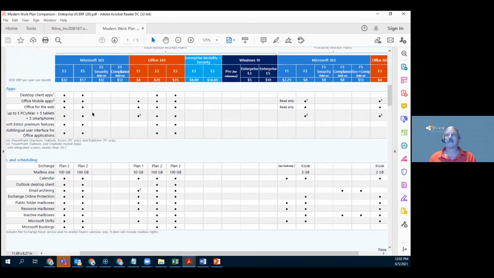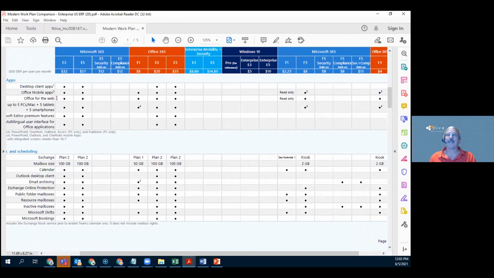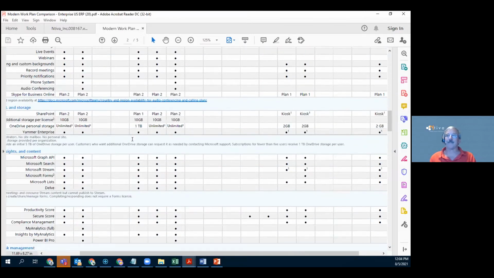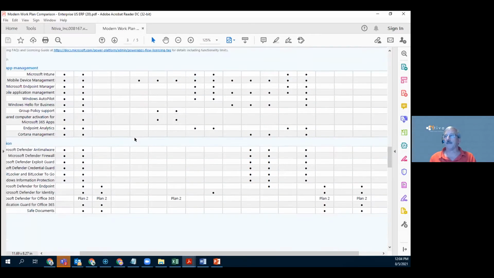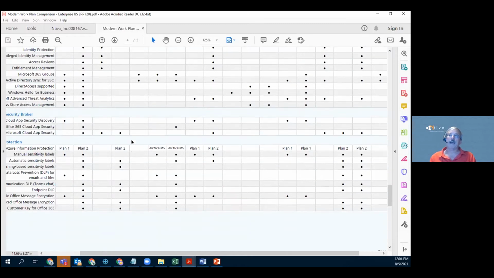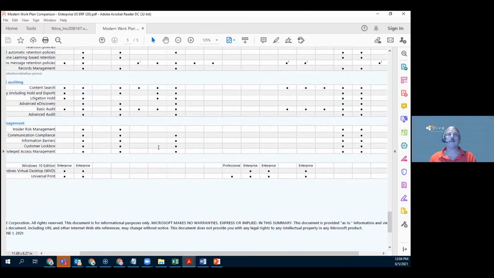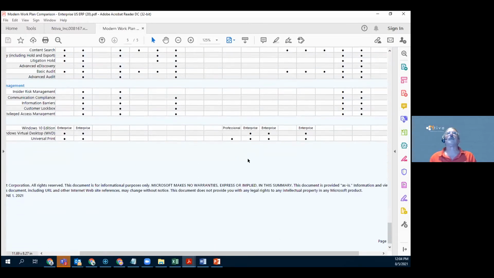You've got the various options, the optional plans like EMS, and then all these little dots say what's included and what's not included. I didn't count it, but probably half of those things are some type of security related feature.